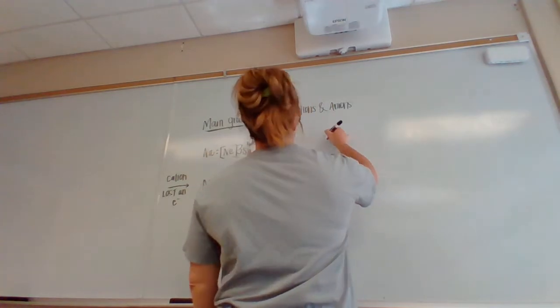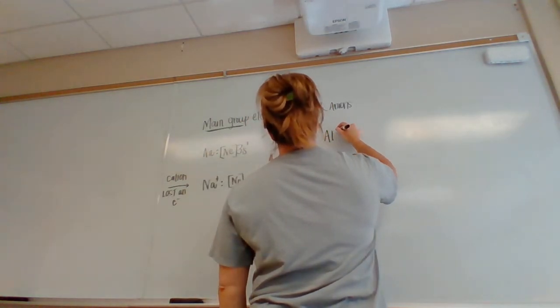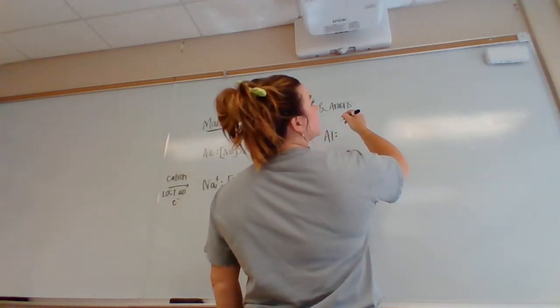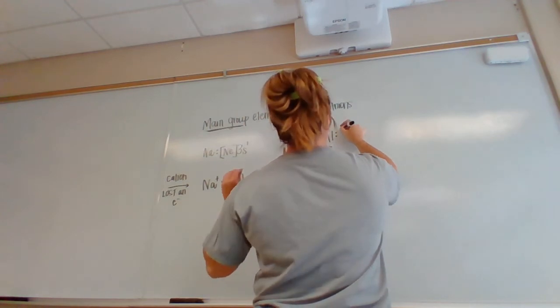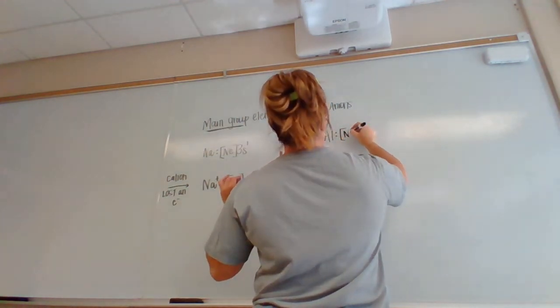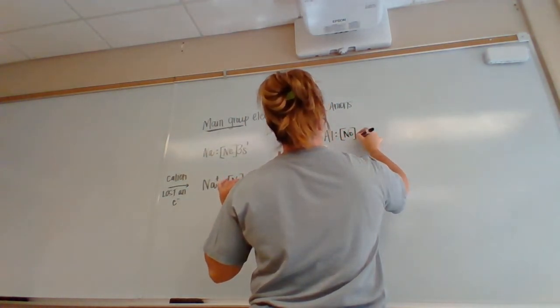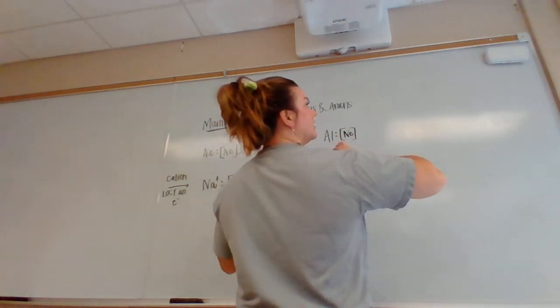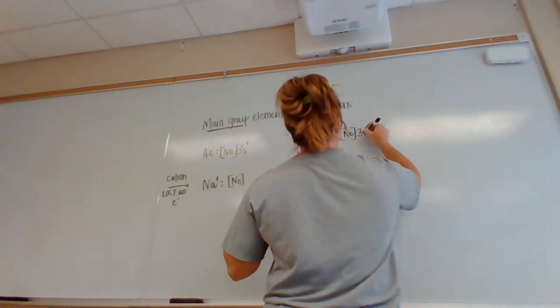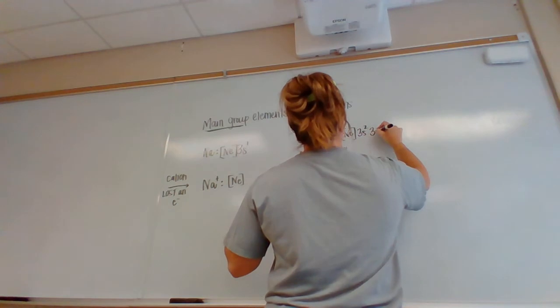Alright, let's look at another one. Let's do aluminum. Aluminum's normal electron configuration, not the cation, just the element, is neon 3s2 3p1.